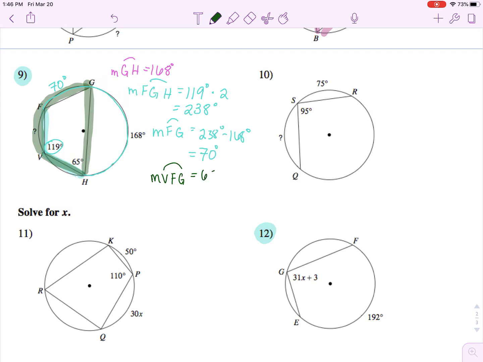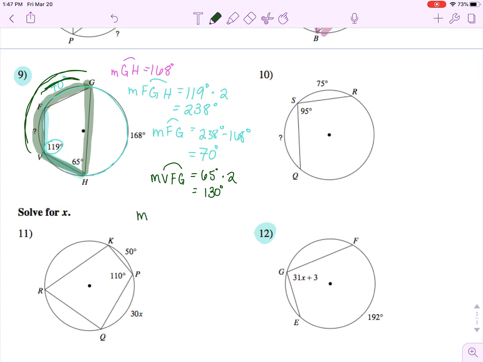All right, so we are going to take 65 and multiply it by 2. You should get 130 degrees. And then now we're going to apply the same kind of method that we used before. If we know that VFG is 130, and then we know that FG is 70, we can use subtraction to find what FV is.